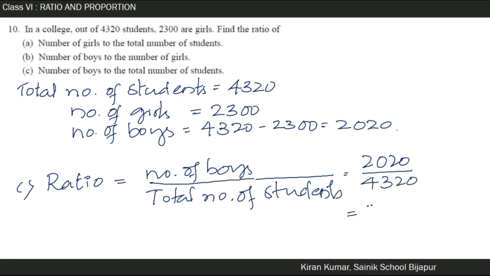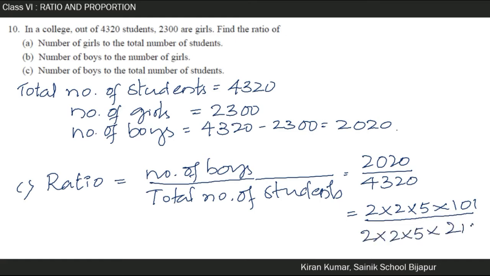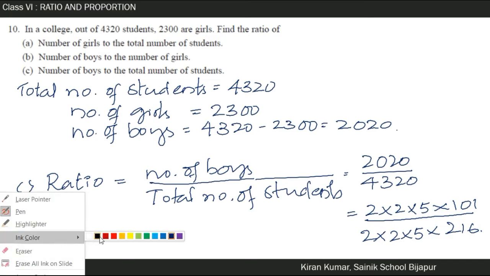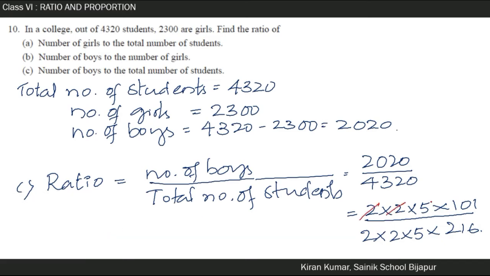This can be expressed as 2 multiplied by 2 multiplied by 5 multiplied by 101 and 2 multiplied by 2 multiplied by 5 multiplied by 216. So these terms get cancelled and we get the result as 101 upon 216.